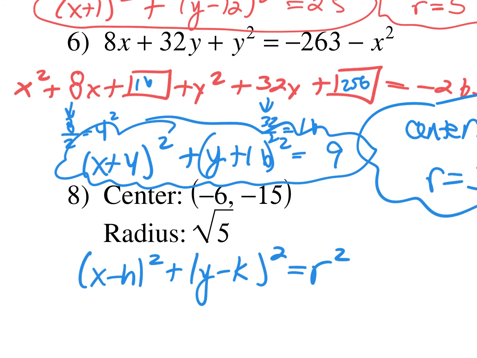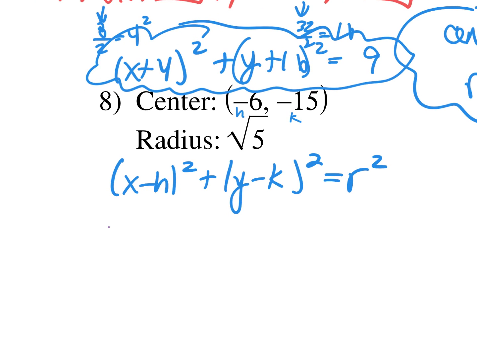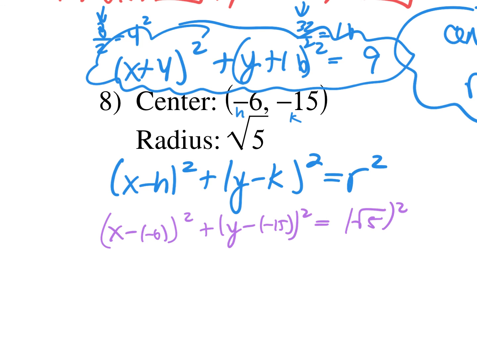In your center, the x part is your h and the y part is your k. So this would become x minus -6 squared plus y minus -15 squared equals the square root of 5 squared.